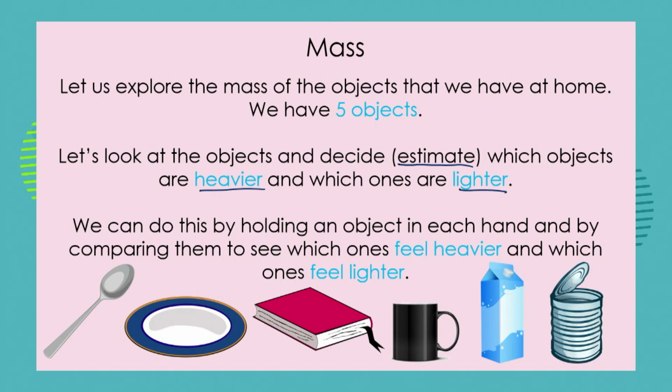So how we are going to do this is by holding the object in each hand and by comparing them to see which one feels heavier and which one feels lighter. So the objects that we are going to use is a teaspoon, a plate, a book, a mug, milk, and a tin can.